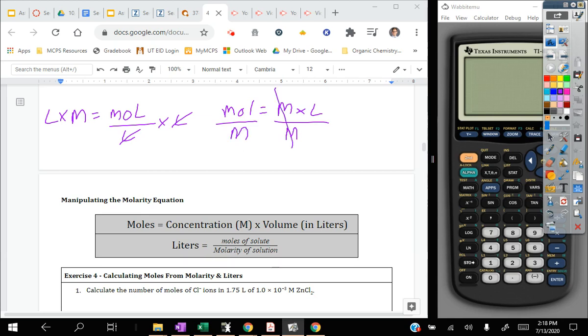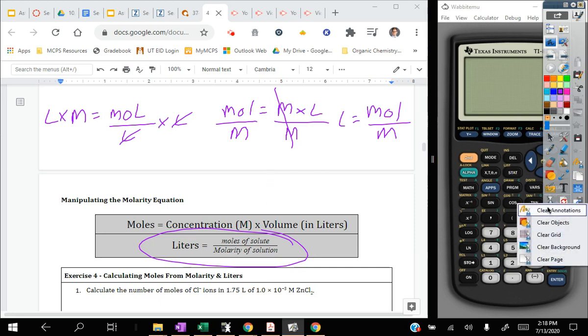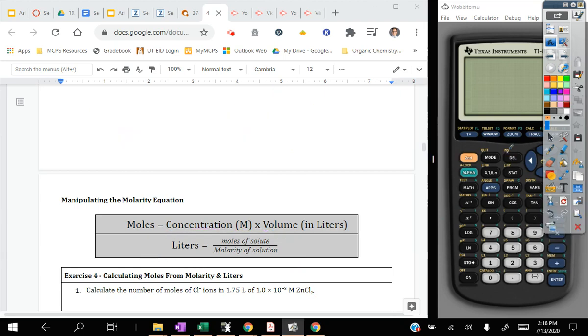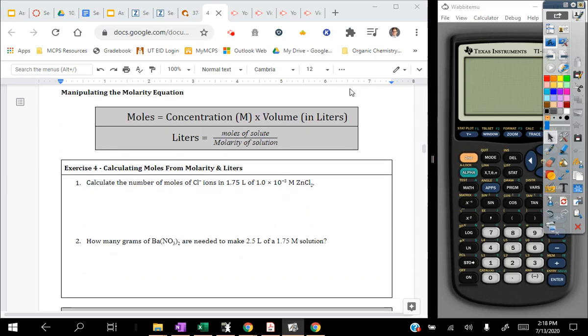The molarity on the right side cancels, and I'm left with liters equal to moles divided by molarity. That would be this equation here. Both of those are equations that you should know, or at least be able to derive if you know your original molarity equation. Let's put them into practice.